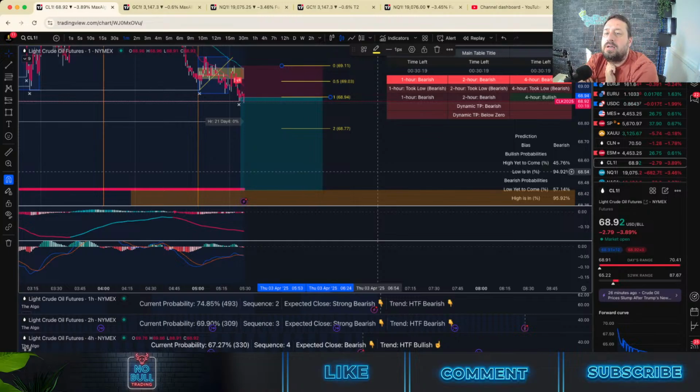Interesting with that weekly low. Weekly low's just got in my head. I just want to see price come down with volume and take it out.